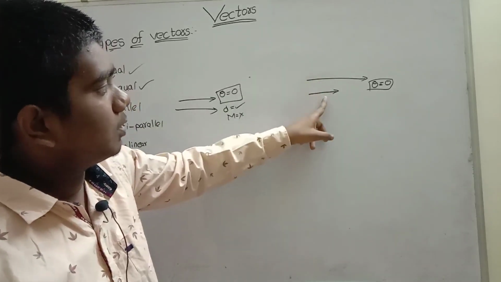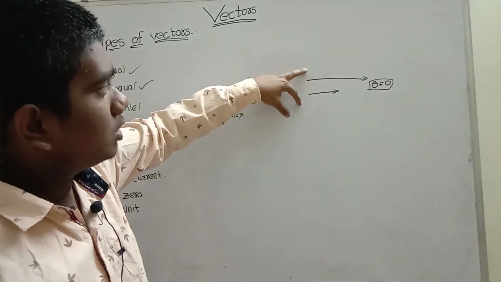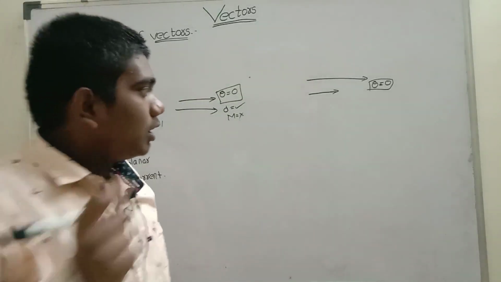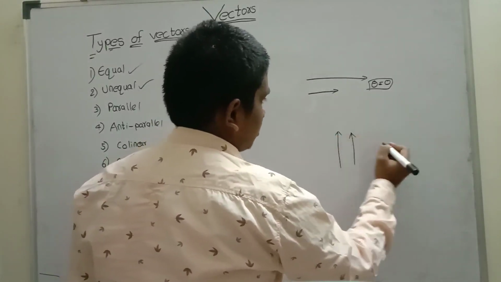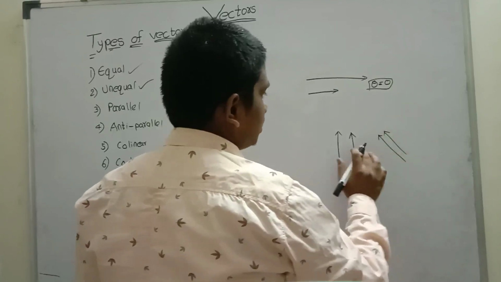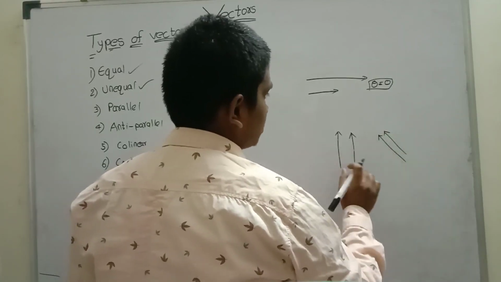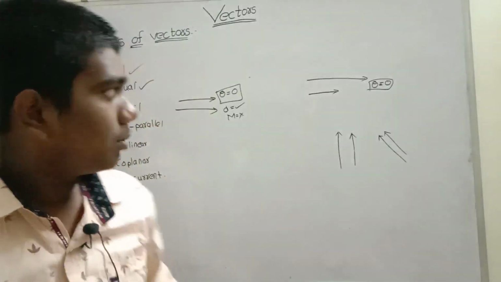Magnitude doesn't matter. If we extend this up to here, they both will be the same. So they are parallel vectors. In any case, these are parallel vectors, but not these two. These two are not parallel to each other, but parallel to these two. All these are parallel vectors.